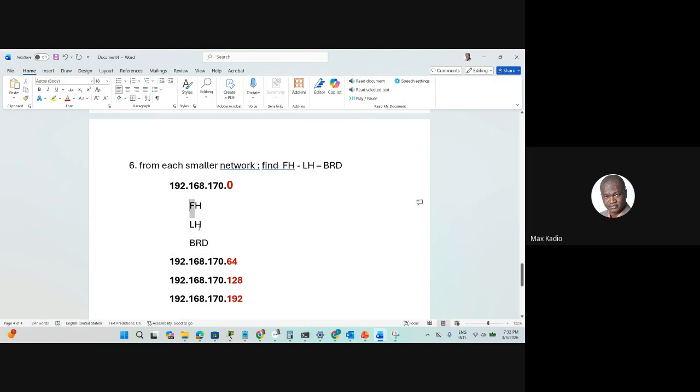To find them, it's very easy, as I did in the first. To find the first valid host, you do the network, you see here, +1. So you copy it, you put it here, 1, +1.